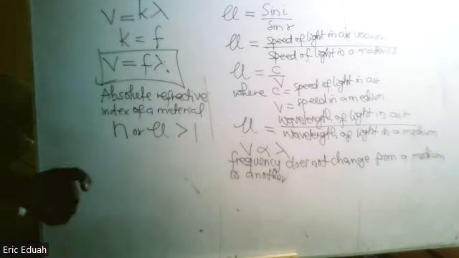I want somebody to explain to me why. Dromo, please explain to us why the absolute refractive index of a material is greater than 1.